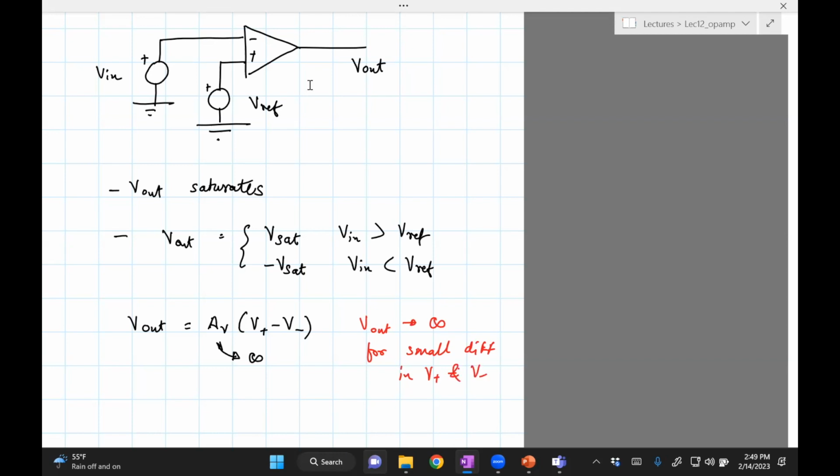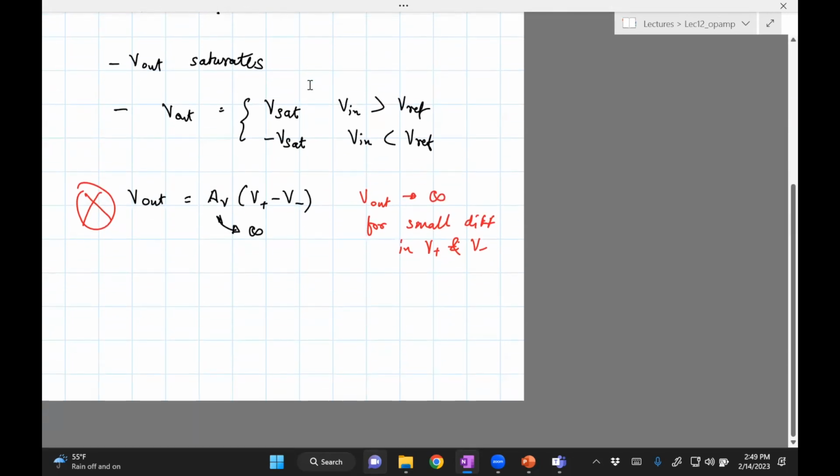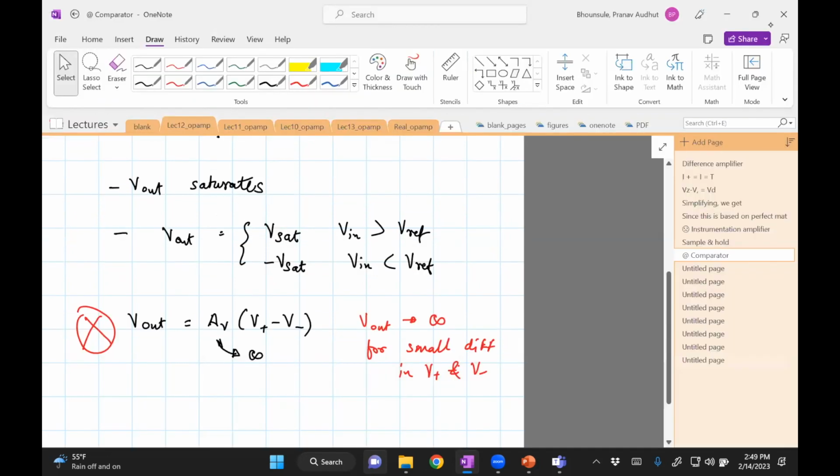Now, this does not happen in the real world because you just cannot get an infinite output voltage. What happens in reality is that the amplifier has a supply voltage. It has two terminals for the voltage supply, which I showed in one of my earlier notes.